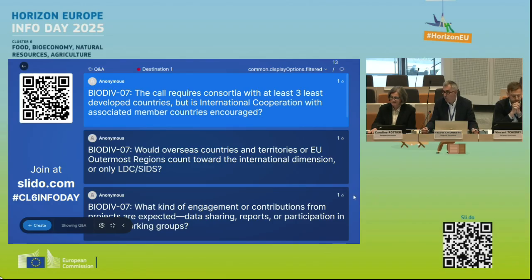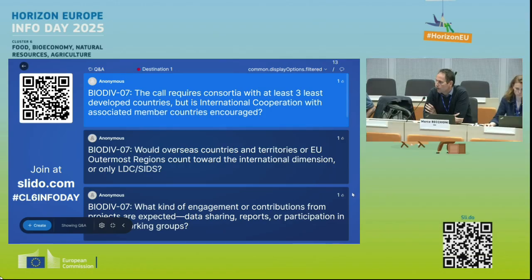But I will ask my colleague to develop on this. The list of countries that are eligible for funding is published as part of the general annexes of the work program and can be found easily, but I can also indicate the link. And for what concerns international cooperation, it is indicated when it is encouraged in the topic text.